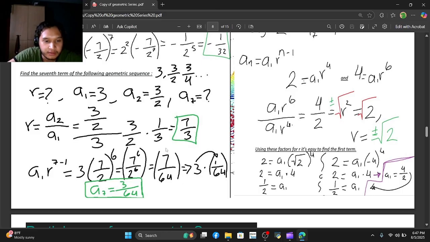So now, as you can see, we just get rid of the exponent. Now we will do this 3 times this 1 over 64. Now, don't complicate it. You can multiply this 3 to this 1 and you will still have the same answer.